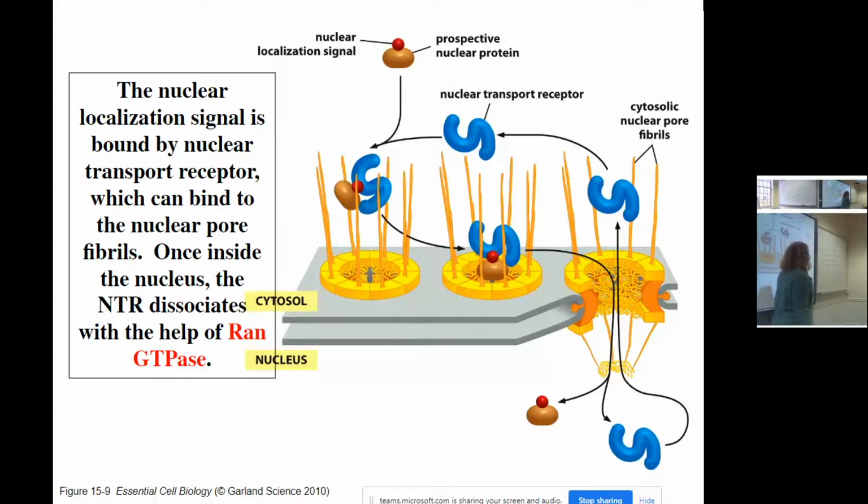Nuclear transport receptor will then go back out the nuclear pore complex and go to the cytoplasm, and it can pick up a new passenger. This nuclear transport receptor is basically like a shuttle. It just makes a constant loop of pick up in the cytoplasm, drop off in the nucleus, going in and out of nuclear pore complexes all day long.